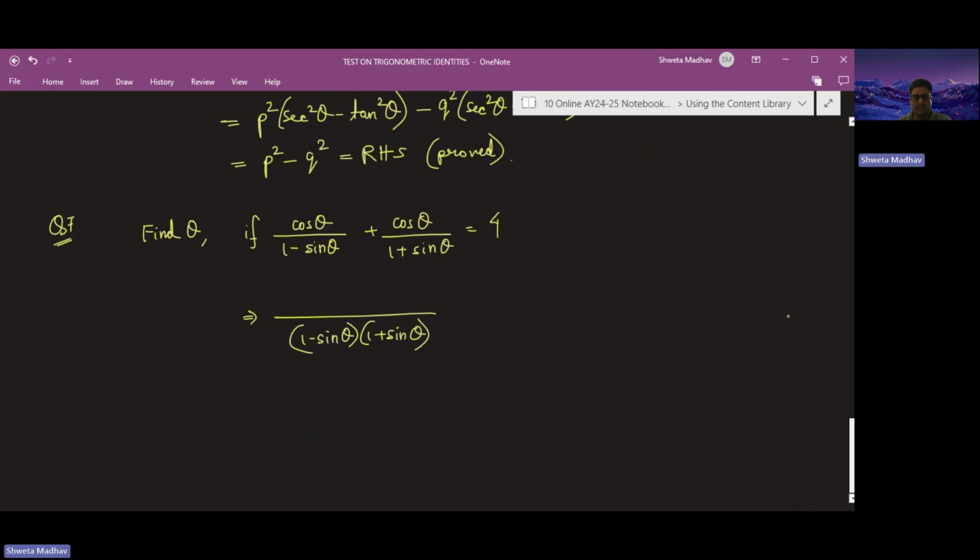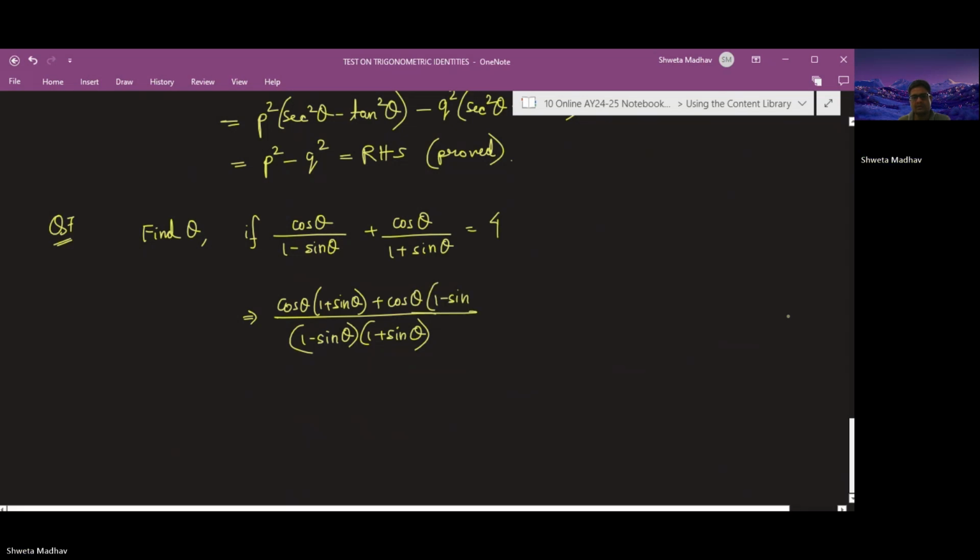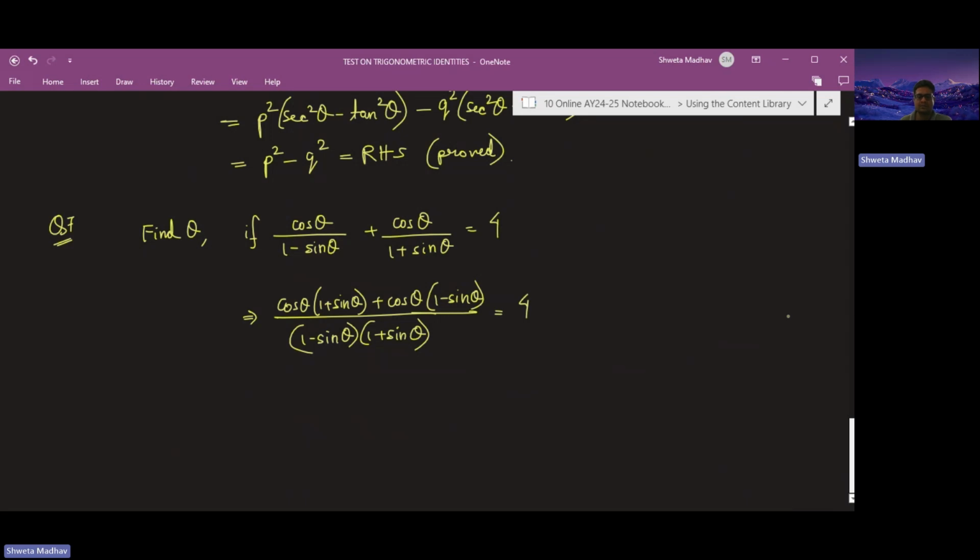And in the numerator, we will have cos theta into 1 plus sin theta plus cos theta into 1 minus sin theta, and that is equal to 4.